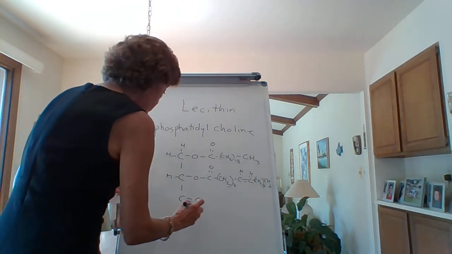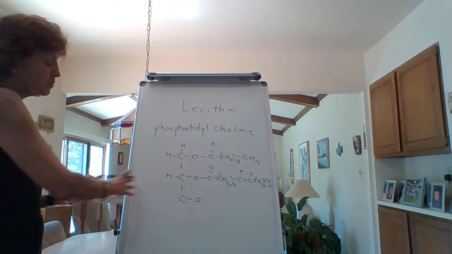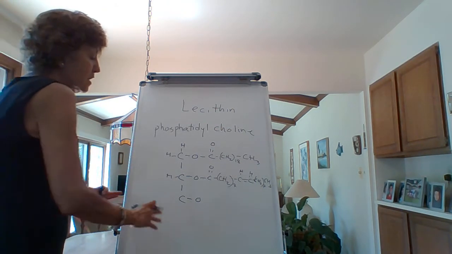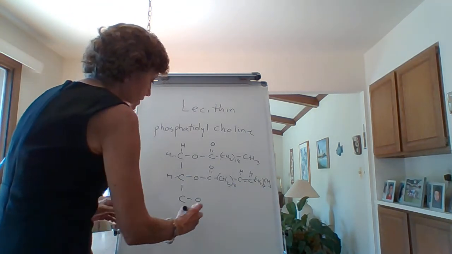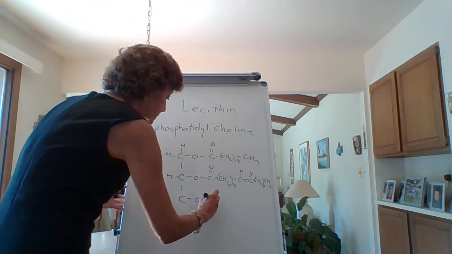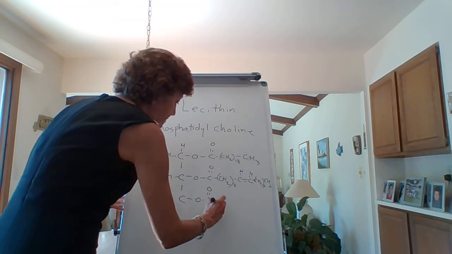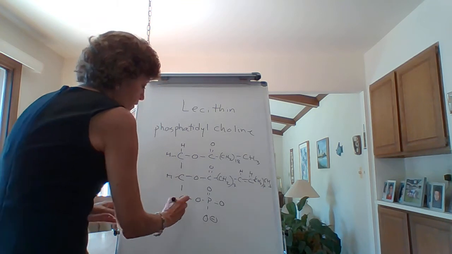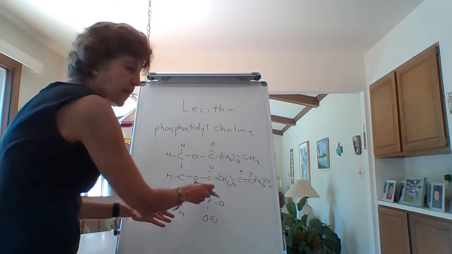Normally we'll flip it over and show it on this side, but I don't have a lot of room here, so I'm just going to put it over here. This is my phosphoric acid, okay? So I have an esterification between an alcohol and a phosphoric acid.